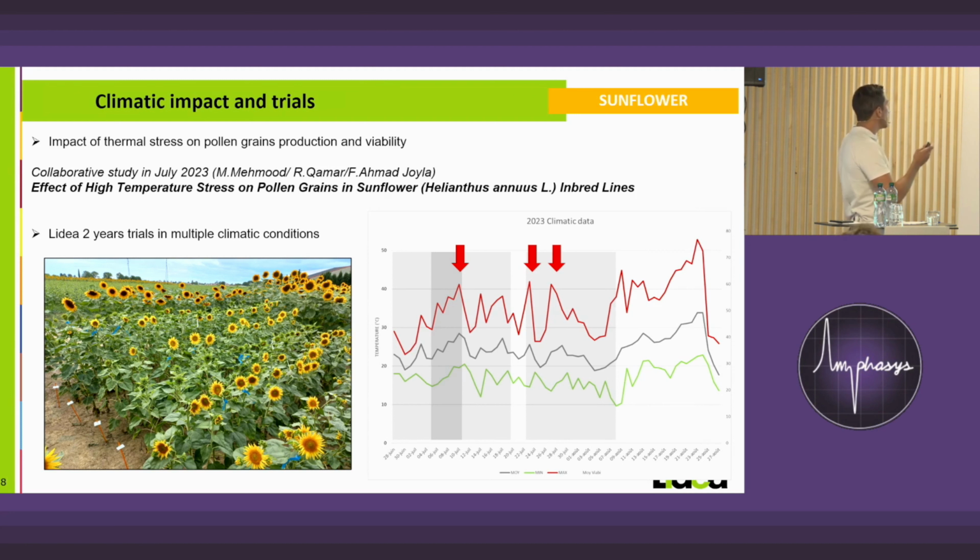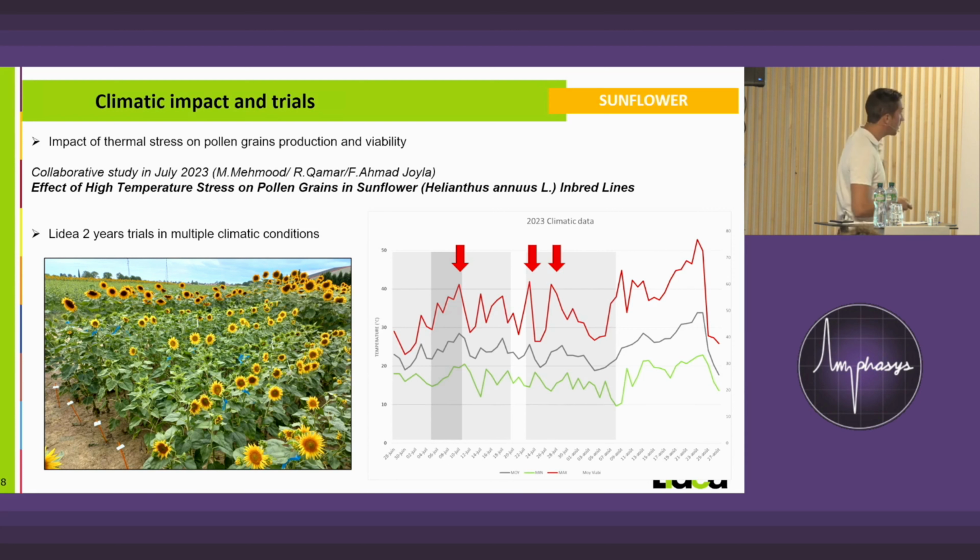That's why, during 2 years, we made a trial under multiple climatic conditions with multiple dates of sowing to integrate this climate effect and to measure the exact behavior of the lines.